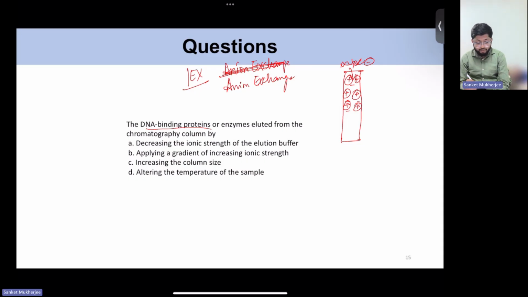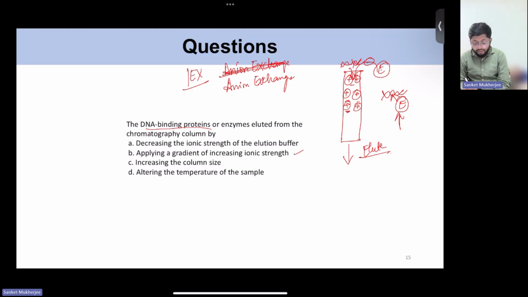What it asks you is: once DNA is bound, you can then add the enzyme here. And once the enzyme is bound to DNA, so if this is the DNA and this is the enzyme that is bound to the DNA, how are we going to elute this enzyme is the question. If we decrease the ionic strength of the elution buffer, that's not going to help.